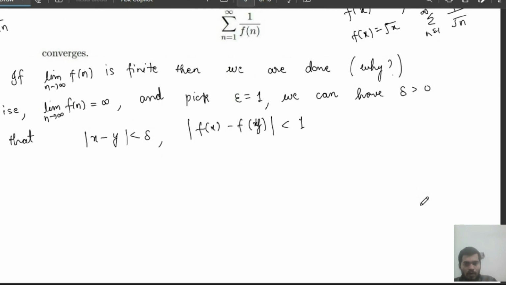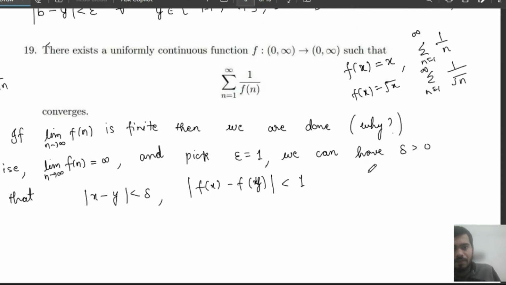Because of uniform continuity, which is given.